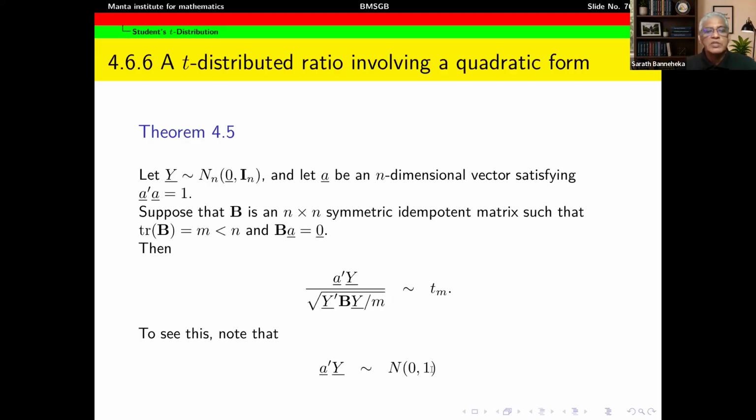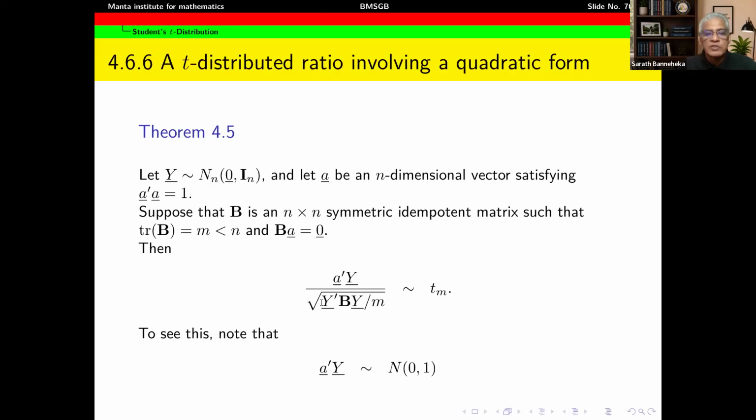So we can show that under the condition A dash A equal to 1, A dash Y will be univariate normal with mean 0 and variance 1. That's very easy to prove. I leave it for you to prove. And then let's consider Y dash BY. Y dash BY is actually a quadratic form.